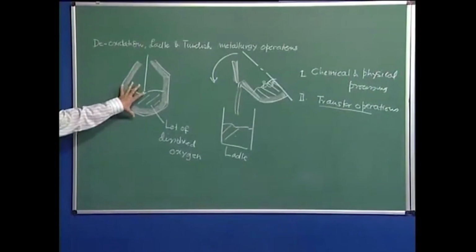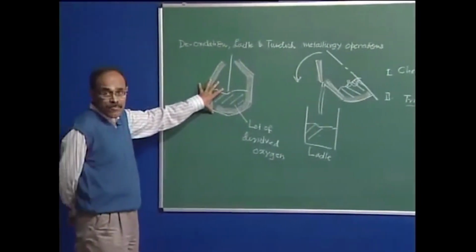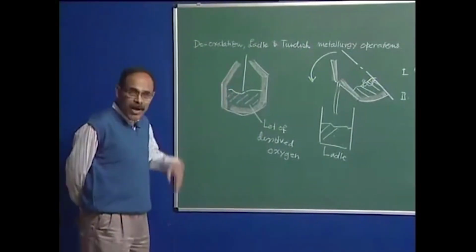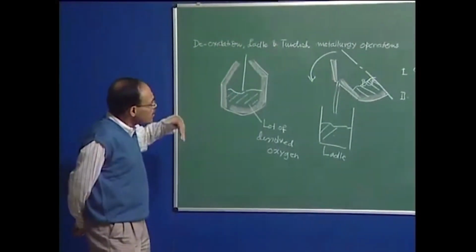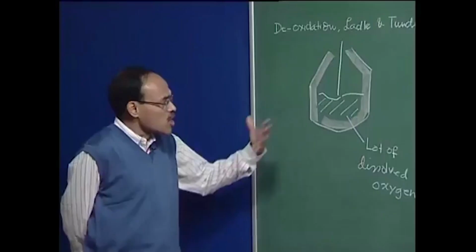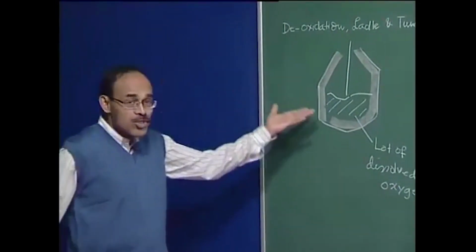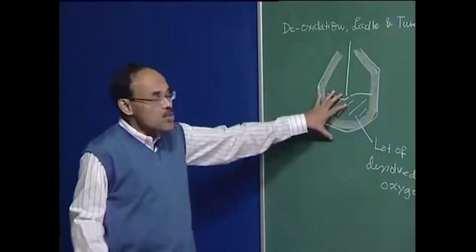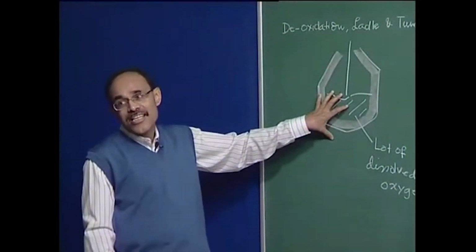So the objective of primary steel making, as we have seen during earlier lectures, is primarily to decarburize the bath, because if we wish to take on many other aspects of steel making, for example, composition adjustments and temperature adjustments, then unnecessarily the duration of the blow is going to be substantially large.